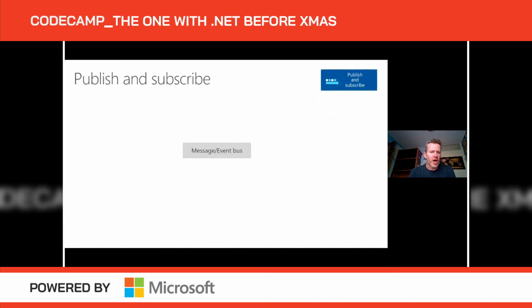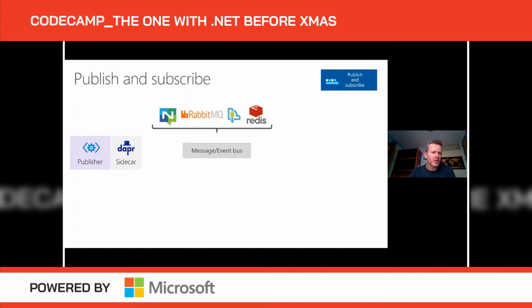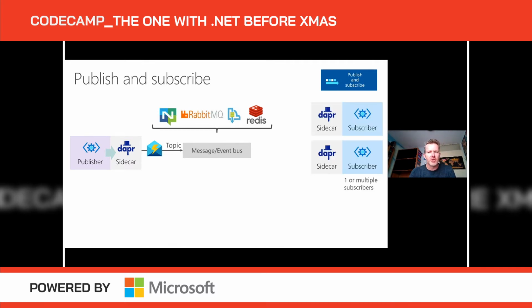Now, publish and subscribe uses a message or event bus of a particular type. It can be any of the ones that were listed. Here's just a few of them. And your sidecar will do all of the detailed communication. You will just call the publish endpoint of the sidecar, and the sidecar will push out a message with a certain payload onto a particular topic that is received on the other side by one, zero or more subscribers.